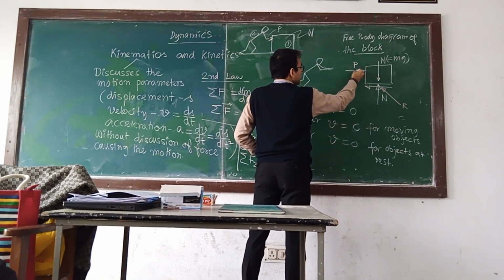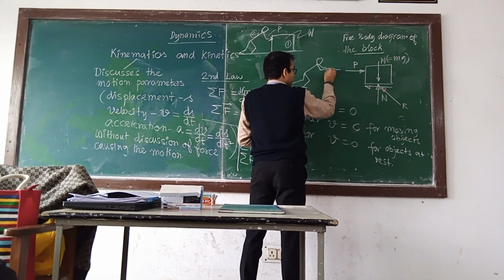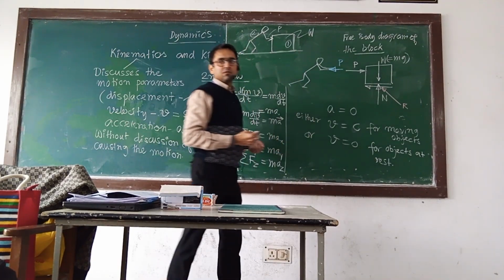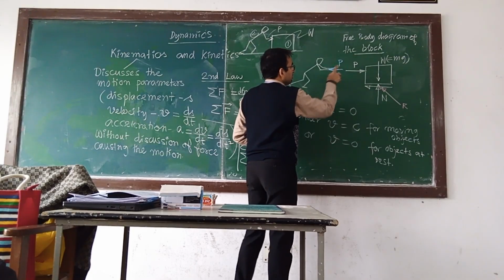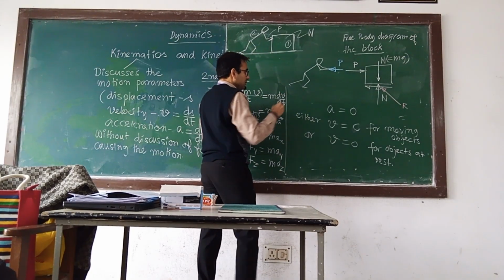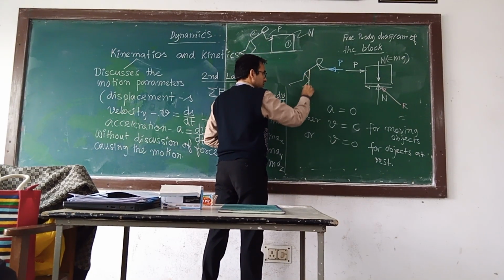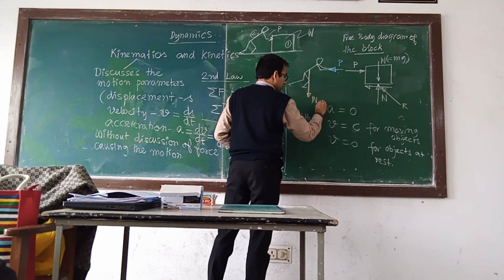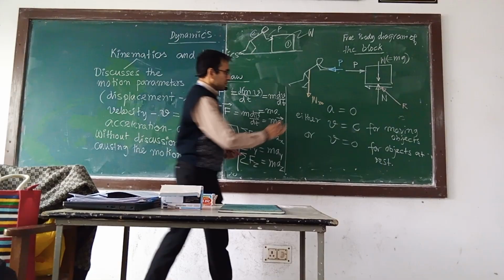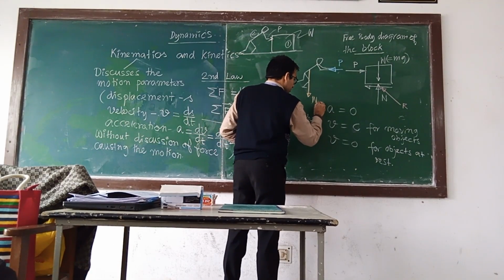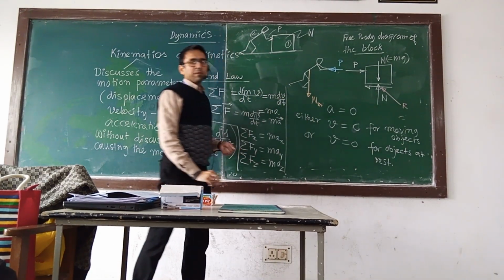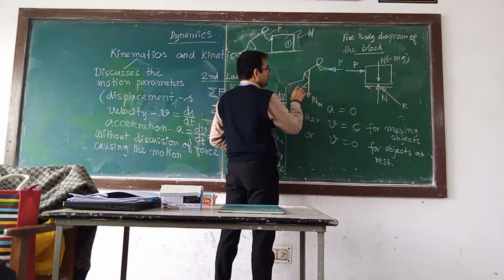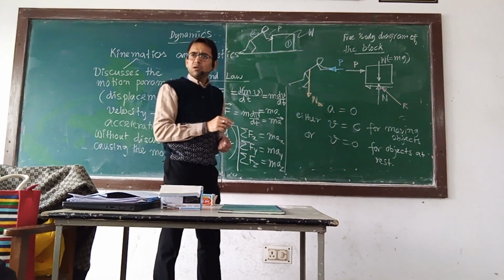You see, this will be the force by the block on this person, the same force P, in the negative direction. Okay? And there will be the weight of this person, say the weight of the man. And then what? There will be a reaction. What reaction? By the surface.